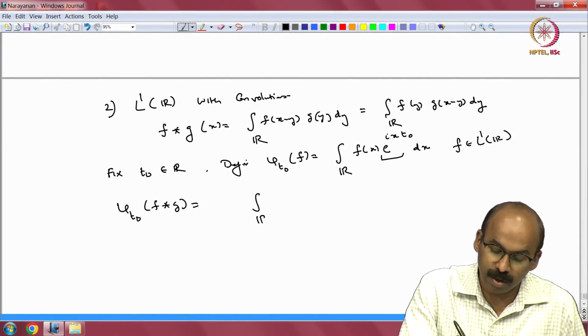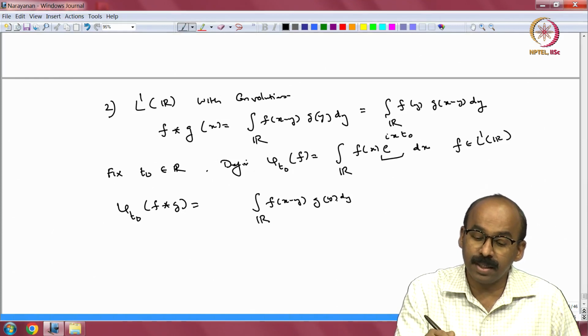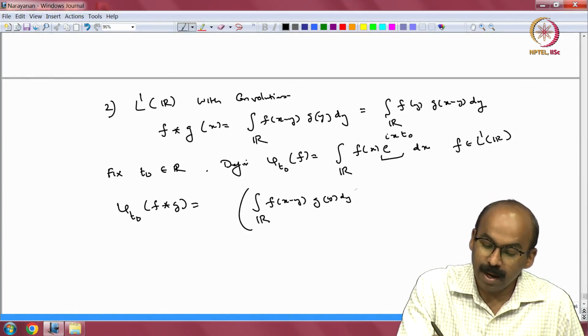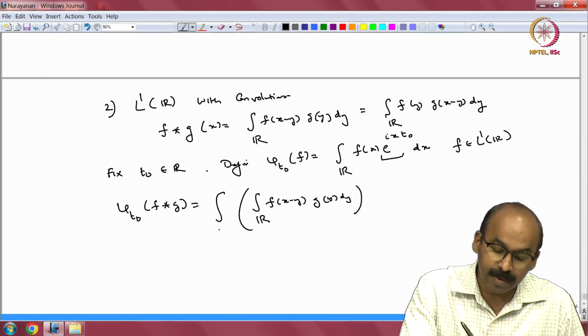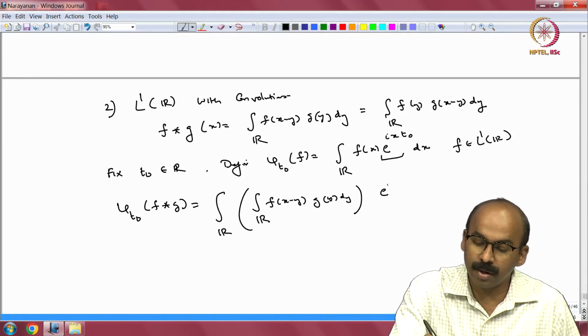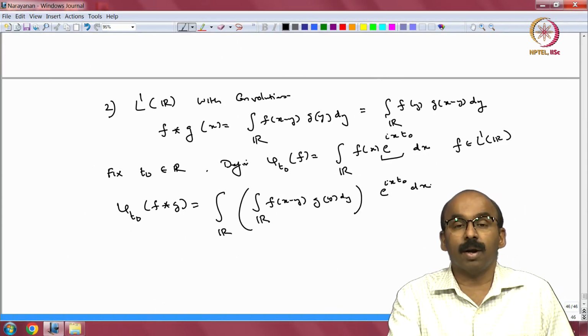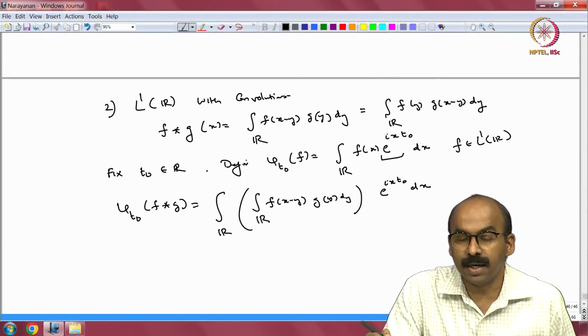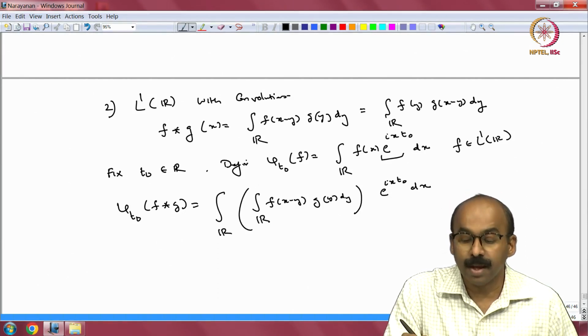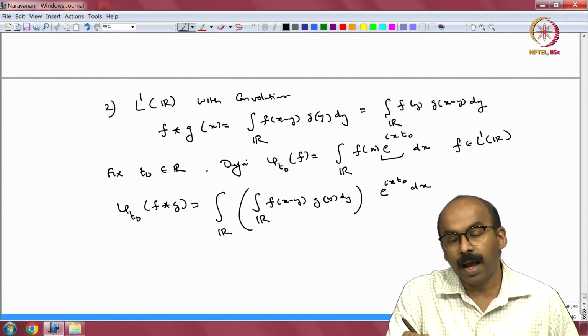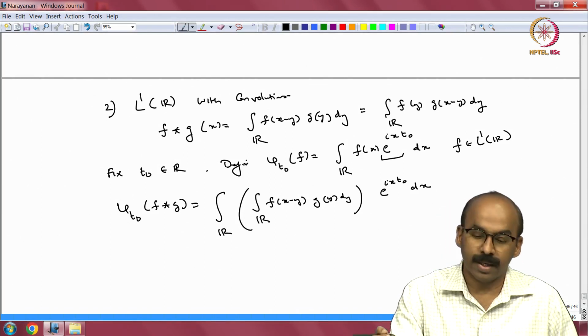That is the integral over R of f of x minus y g of y dy. This is f star g at x, and I integrate against e to the i x t naught dx. This is what the left hand side is. I have two integrals, with f of x minus y g of y dy, that is f convolved with g, and I am integrating against e to the i x t naught.